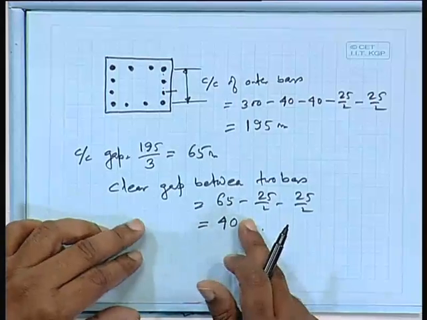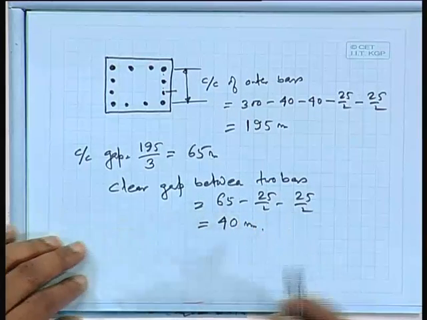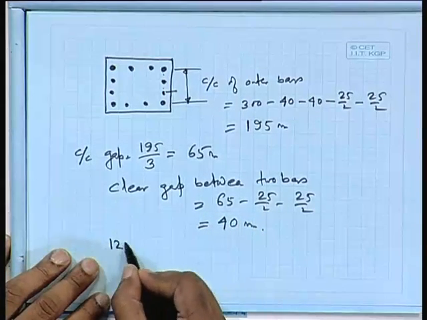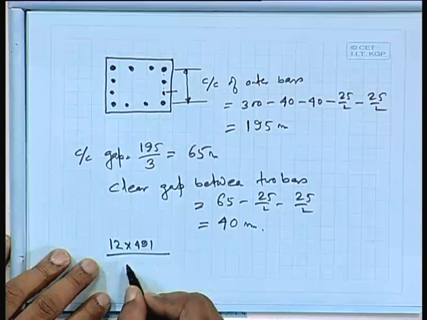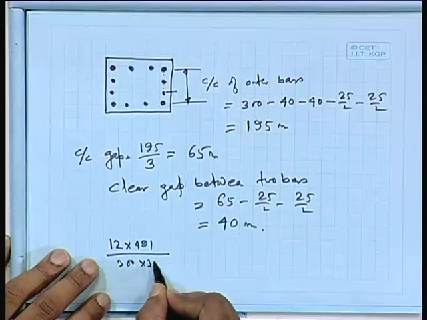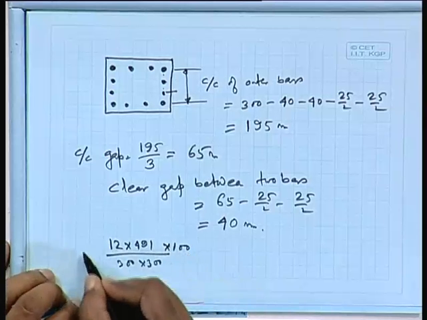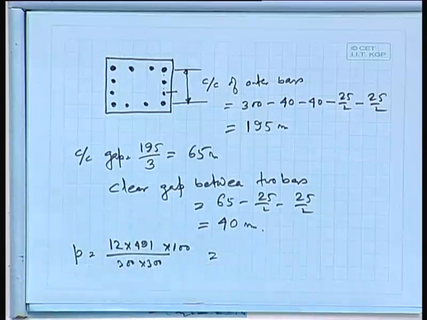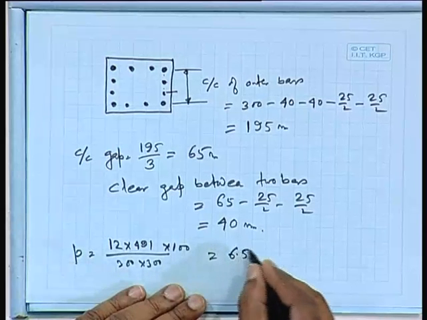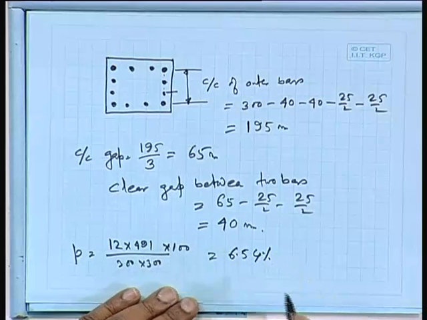If there are 12 bars, I mean to say 12 into 491 divided by 300 into 300 times 100. This is the percentage of steel provided in this case. So, 12 into 491 divided by 300 divided by 300 into 100. Even then we are getting 6.54%.